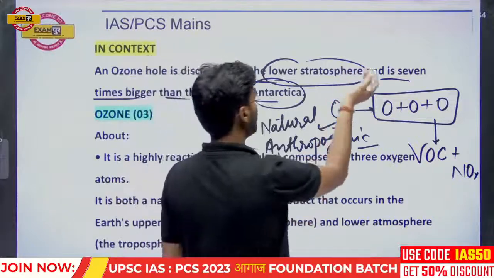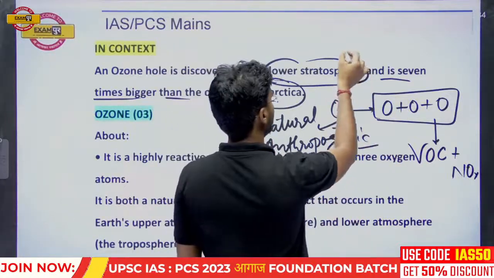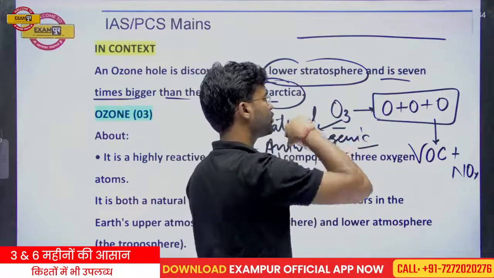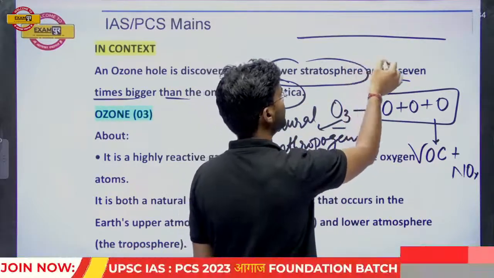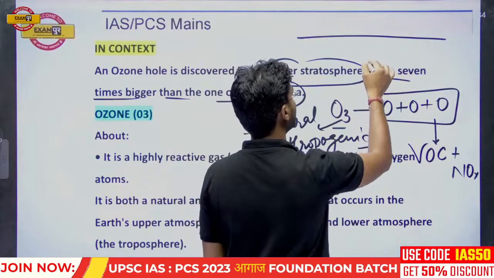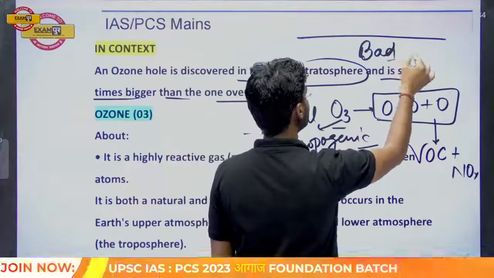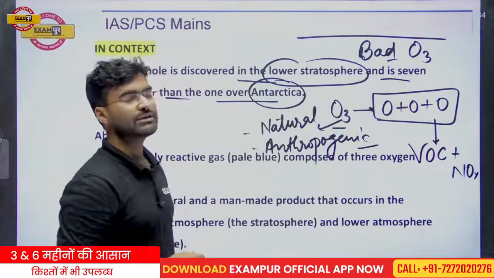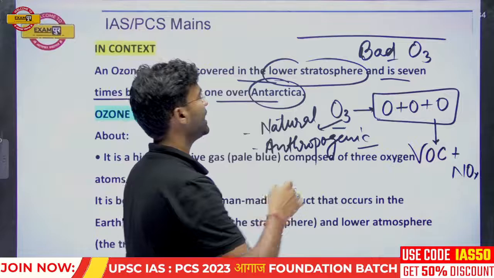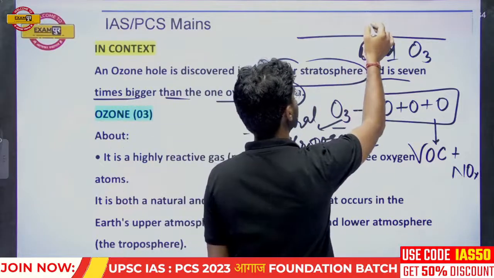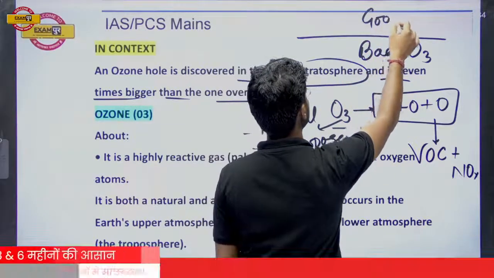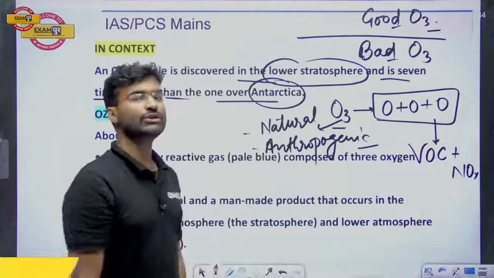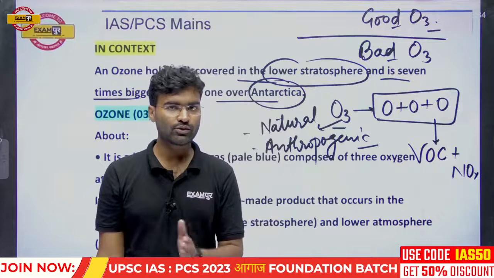Okay, so ozone is a gas. If it is found in the lower part of the atmosphere, that means in the troposphere, then it is harmful for us, and that is termed as bad ozone. But if it is found in the upper part, in the stratosphere, then it protects us from the UV rays, and that is why it is termed as good ozone.